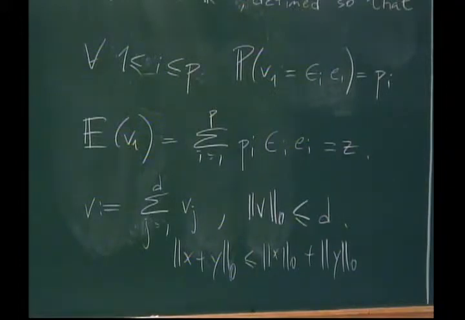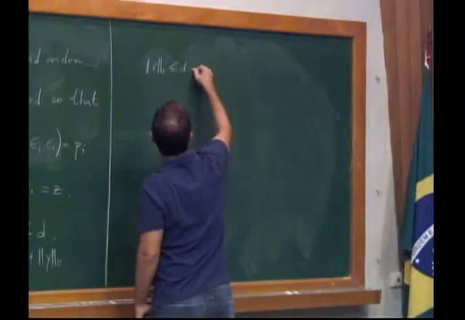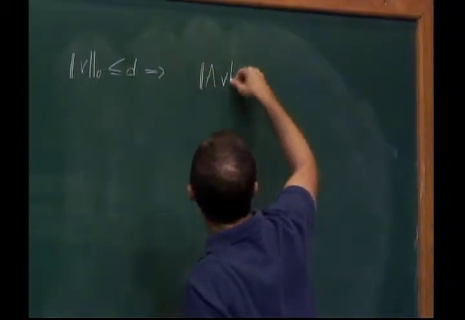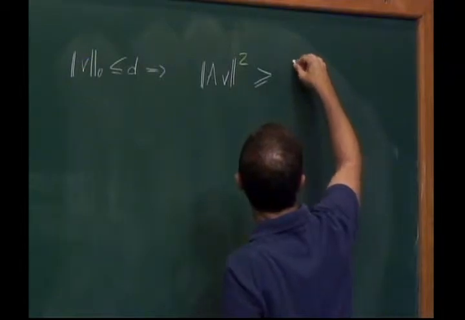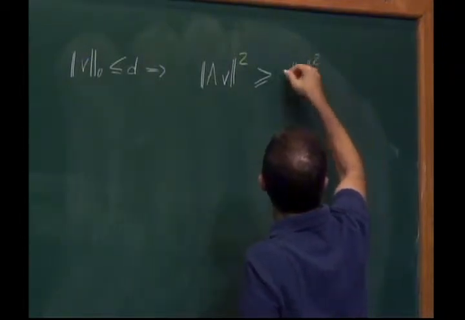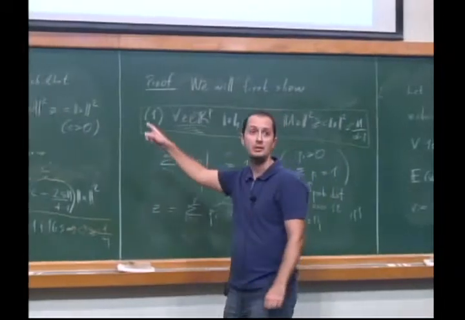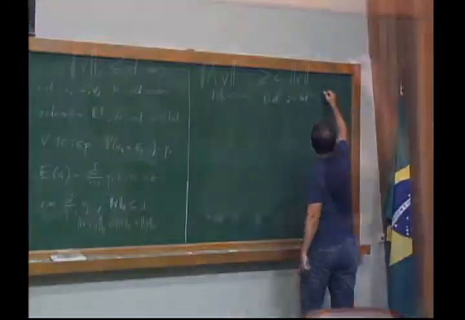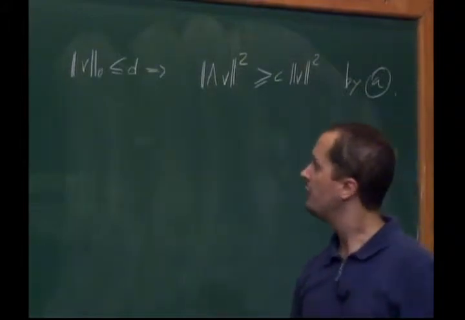Right, so what do we have here? V is a sparse vector, and that means that if you look at A times V and take the norm squared, this must be larger than c times the norm of V squared, by assumption. This is assumption A here. And now we're going to expand this.